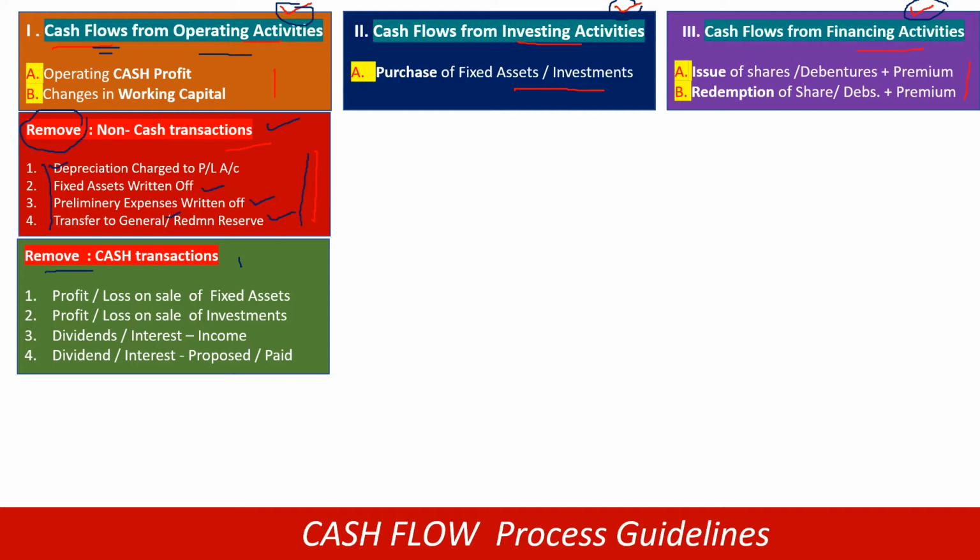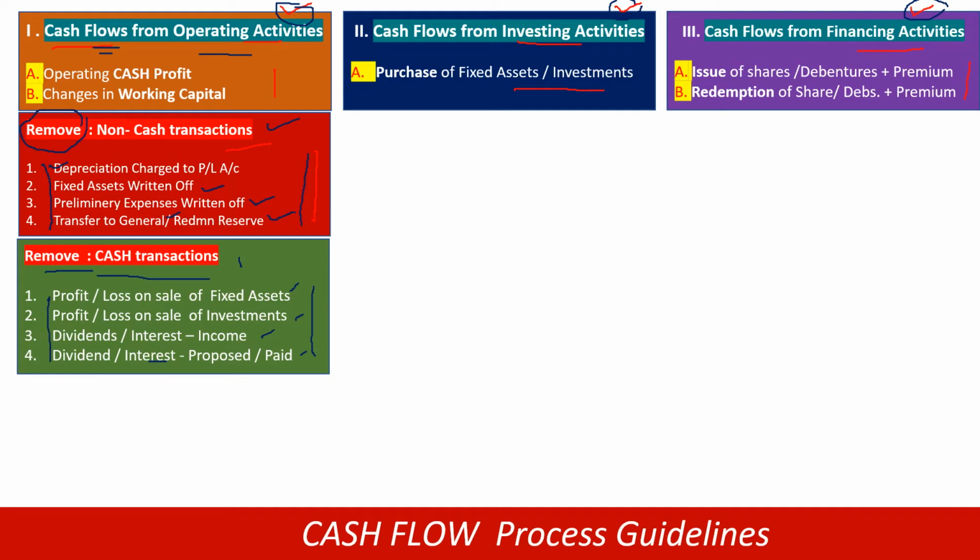What are those items? They are four items: profit or loss on sale of fixed assets, profit or loss on sale of investments, dividends or interest received, and dividends declared, interest paid. One is inflow, the other one is outflow. These four transactions we have to identify.